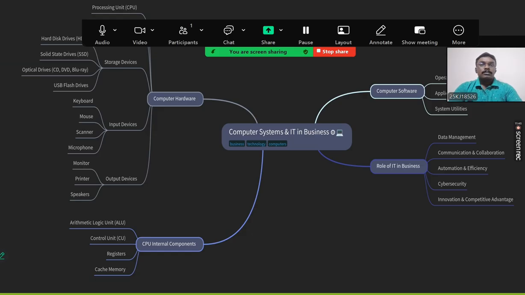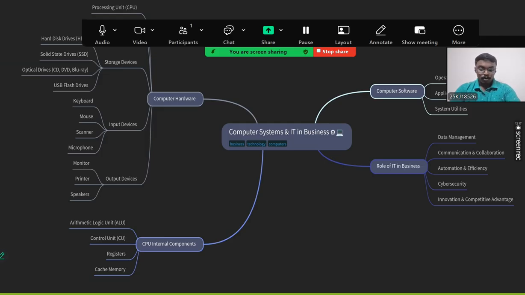IT helps in seamless communication within the organization, both internal and external, like managers communicating with employees and higher-level senior managers, and external parties like shareholders and stakeholders communicating with the company through email, apps and video conferences. So IT can facilitate communication.